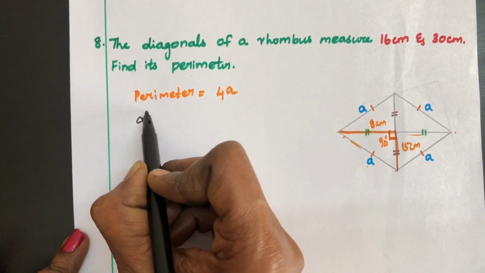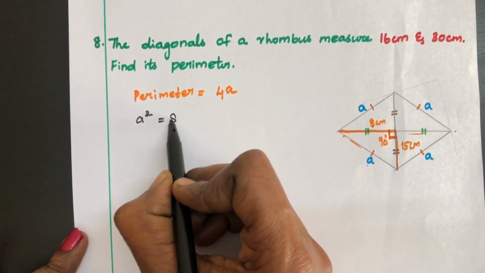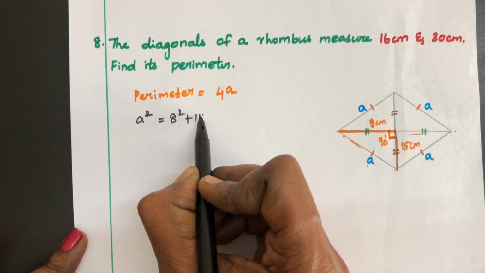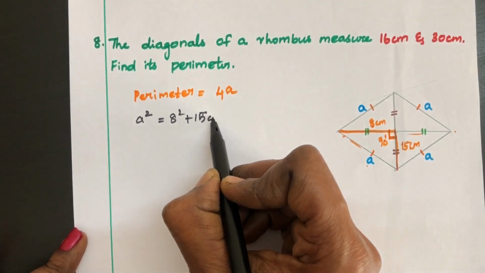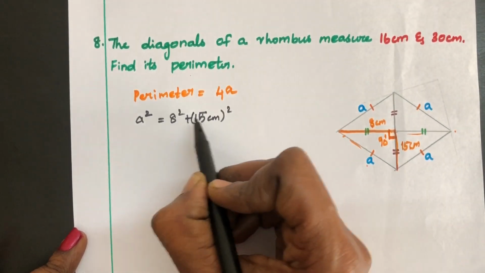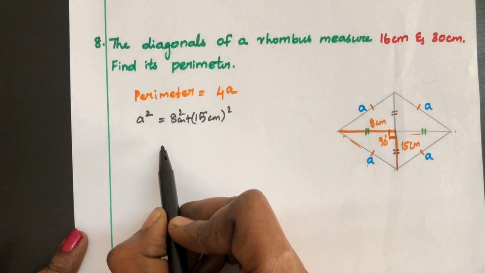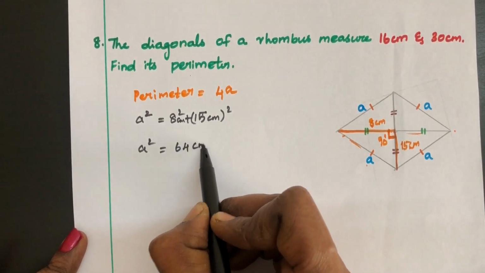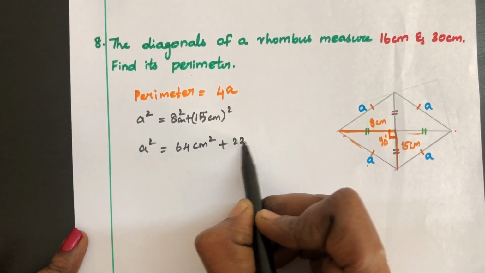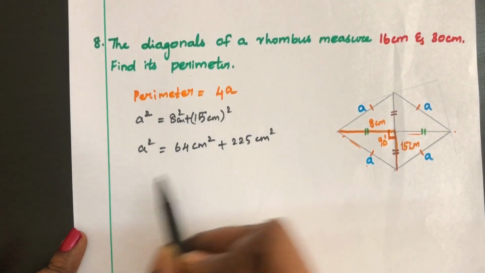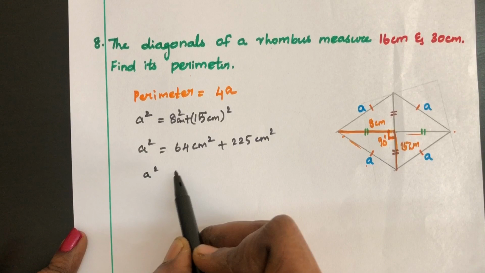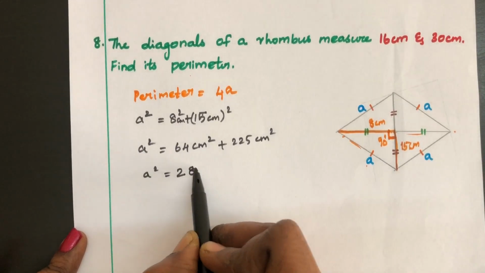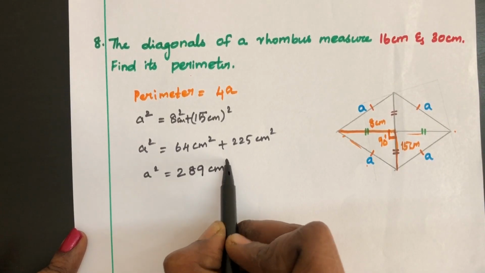By the Pythagoras theorem, A squared is equal to 8 square plus 15 centimeter square. Here also centimeter square. So A squared is equal to 64 centimeter square plus 225 centimeter square. A square is equal to 289 centimeter square.